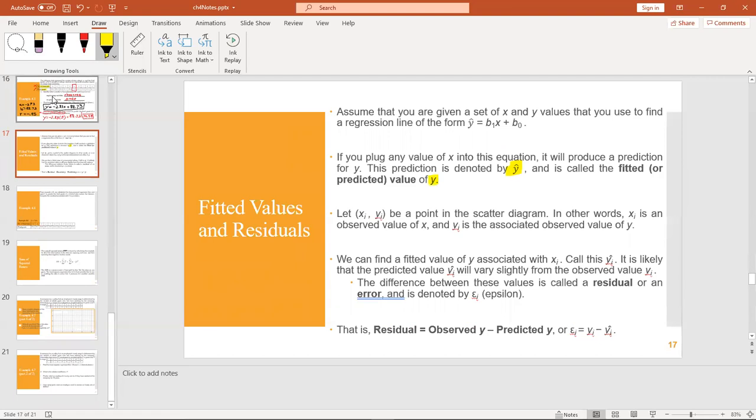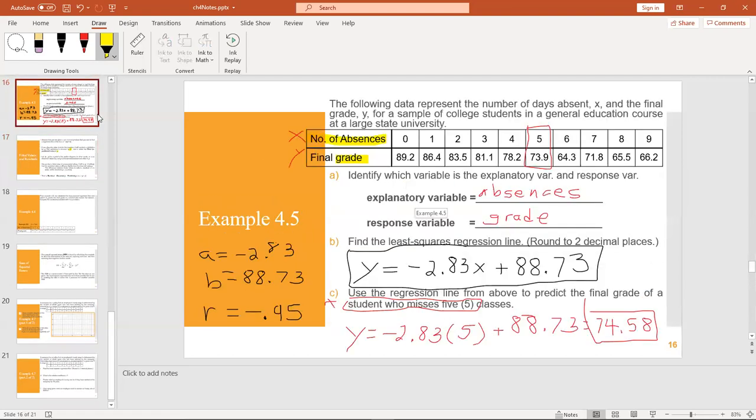So in this case, if we go back here, 73.9 would be the value of the y. And we could maybe further clarify and call that like y sub 5, because that's what we got from 5. And then this one down here, our prediction, that would be y hat. And y hat of 5 was 74.58.